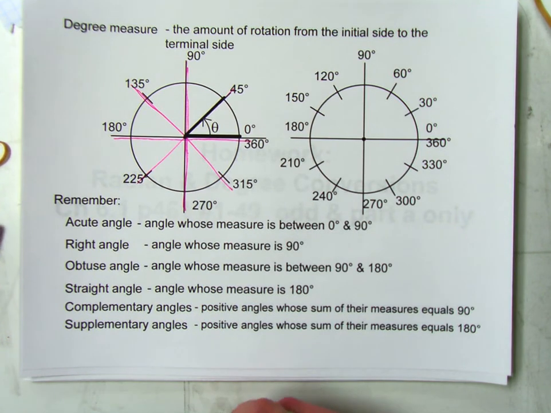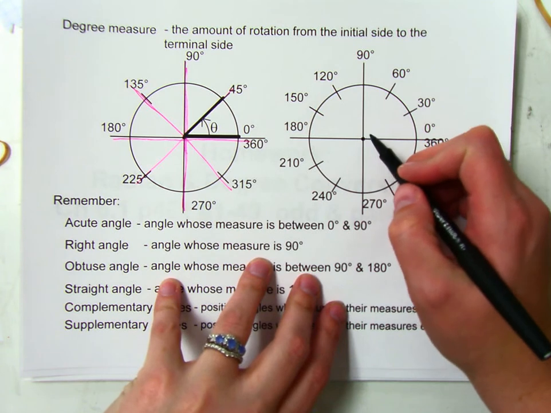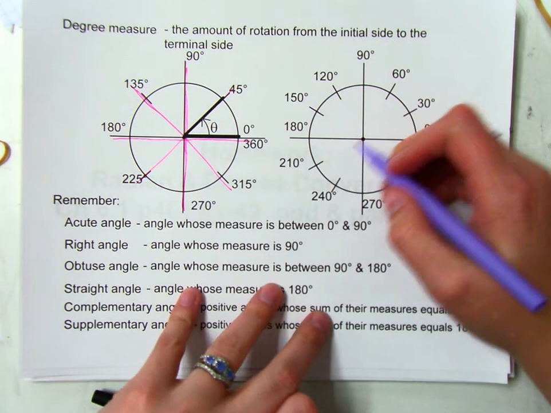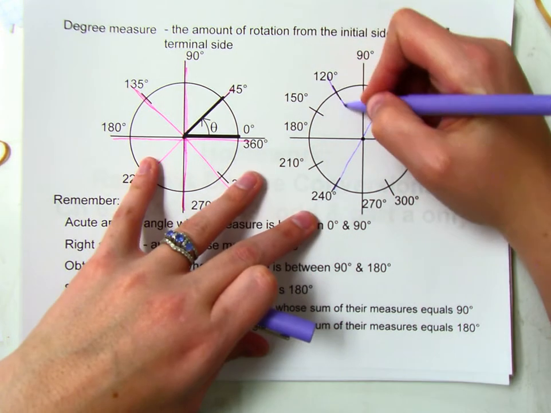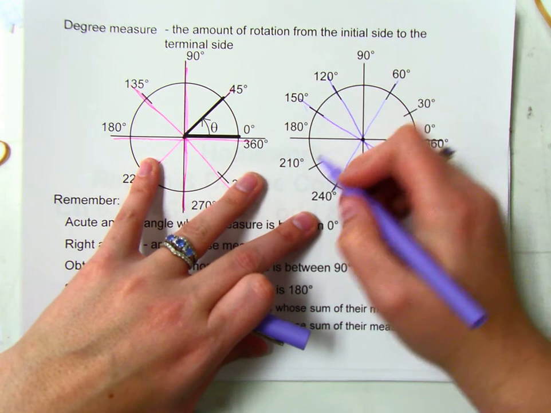Now, my next important angles take and divide the circle up into 12ths.